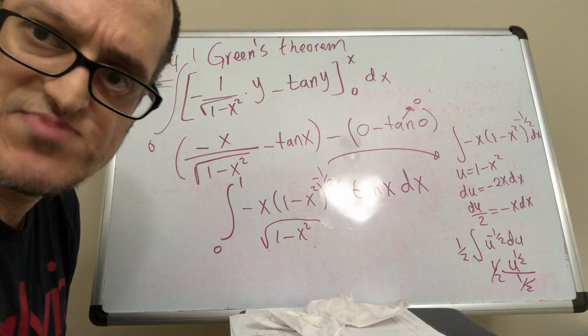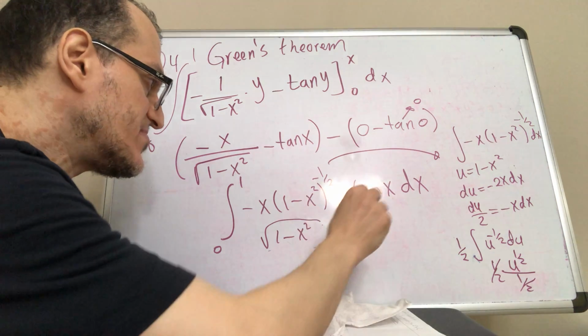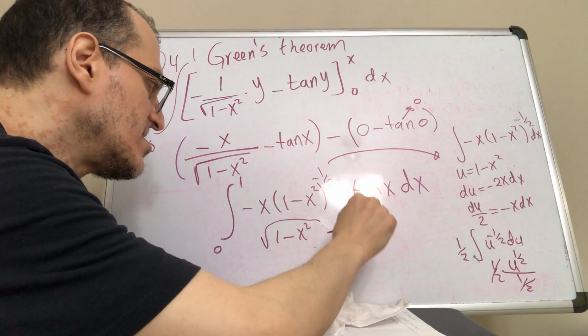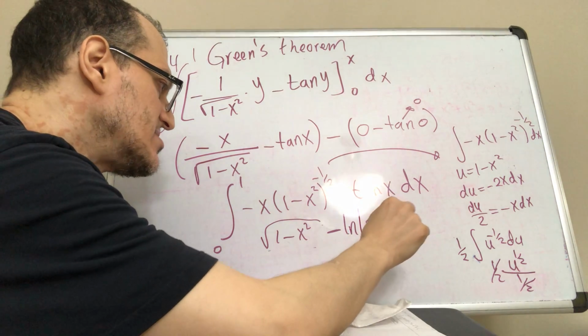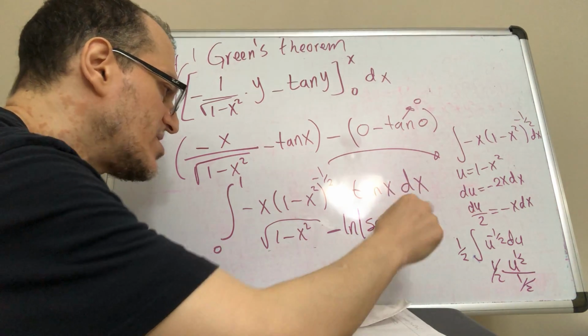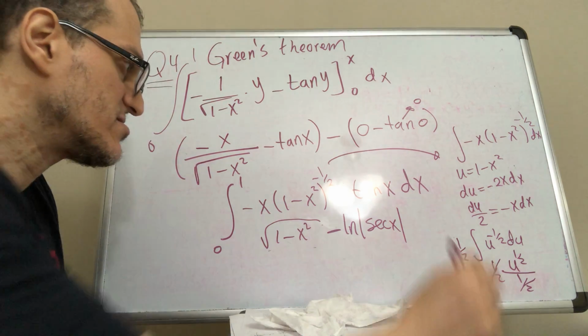Anything raised to a half would be a square root. And the integral of tan is ln absolute value of secant x. It's one of those that you're allowed to memorize.